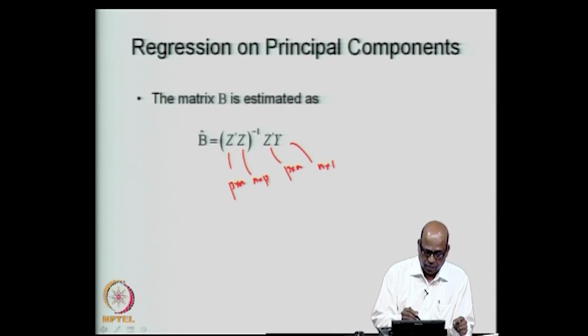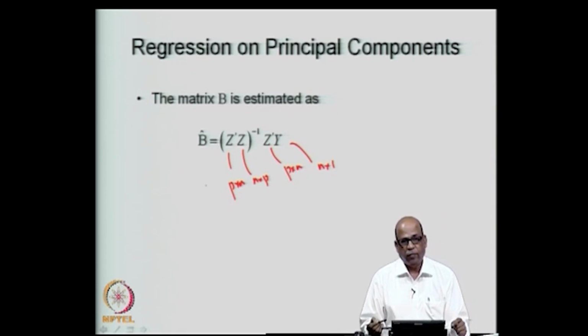So, p by n, n by p. So, you get p by p here, inverse p by p, and then p by n, therefore, you get n by n and then n by 1. So, you will get n by 1.